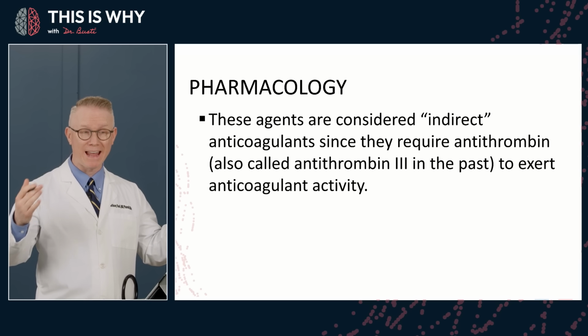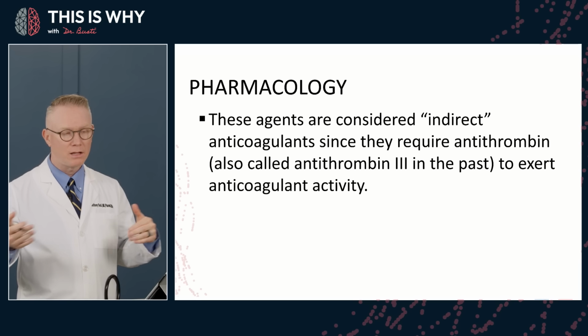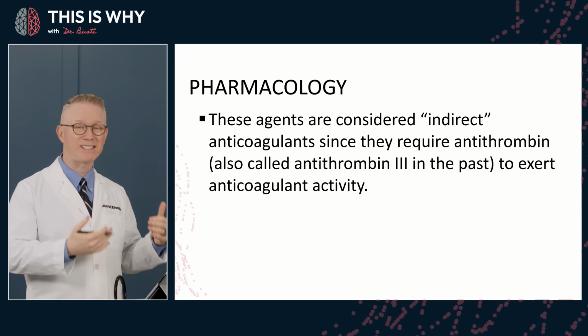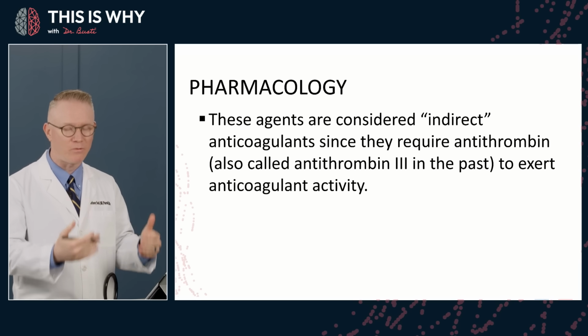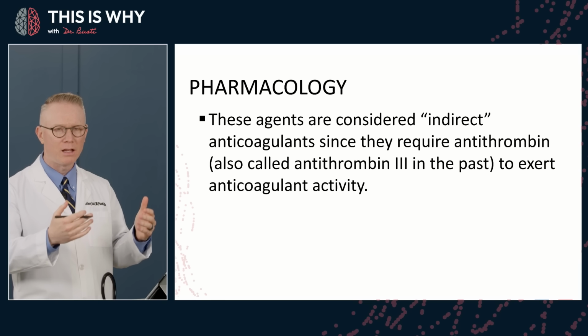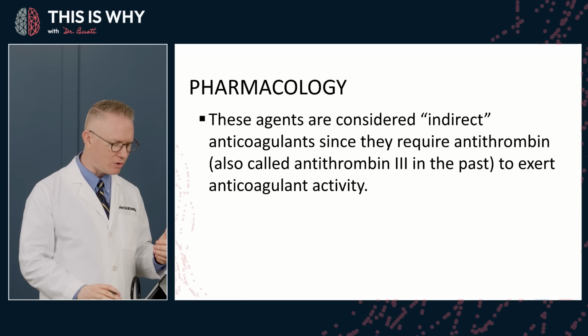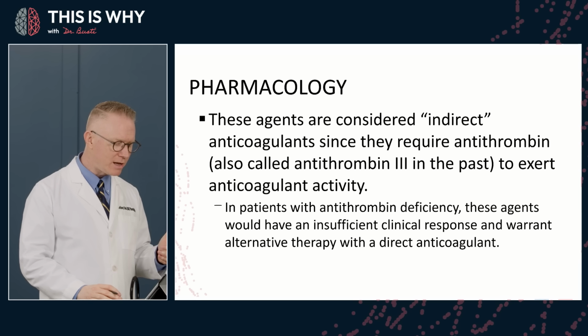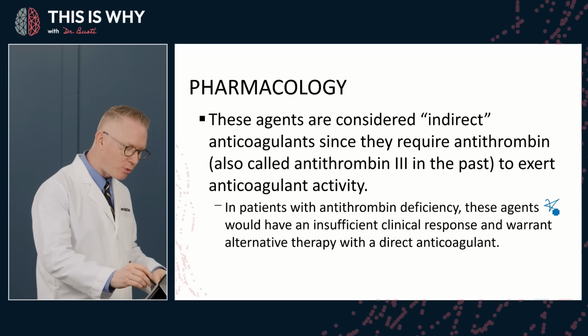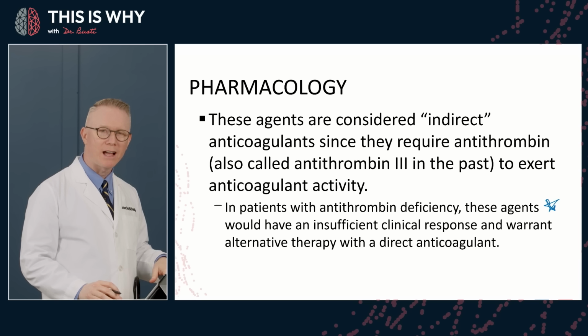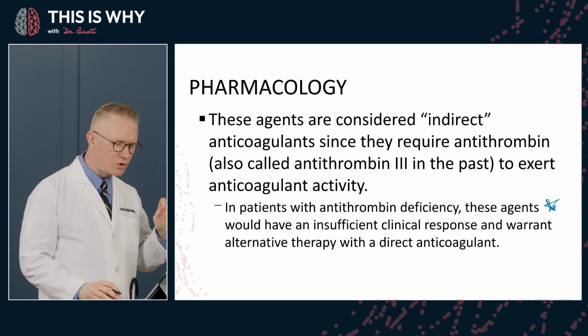So in patients who have antithrombin deficiency, giving these agents is not going to exert a sufficient and adequate anticoagulant effect that you're hoping for in that clinical scenario, okay?